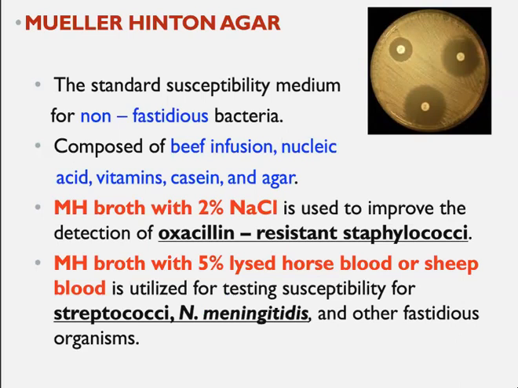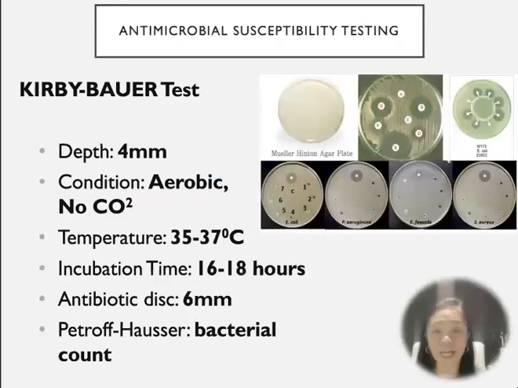You can also add 5% lysed horse blood or sheep's blood, for streptococci, Neisseria meningitidis, and other fastidious organisms which grow more efficiently in the presence of blood. So you can add sodium chloride or blood to your Mueller-Hinton, but of course you can also use it just as it is.